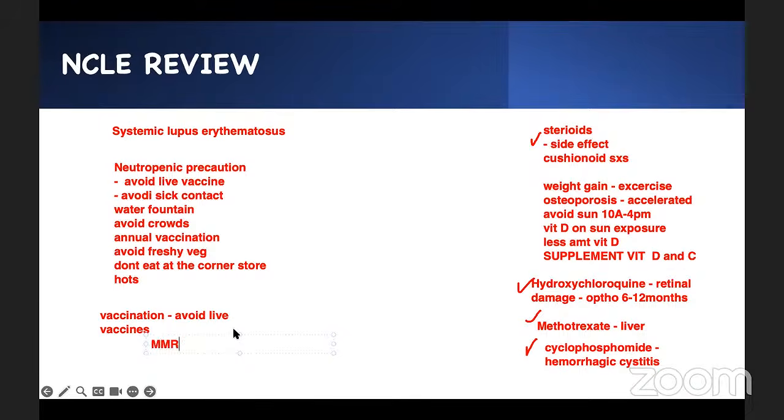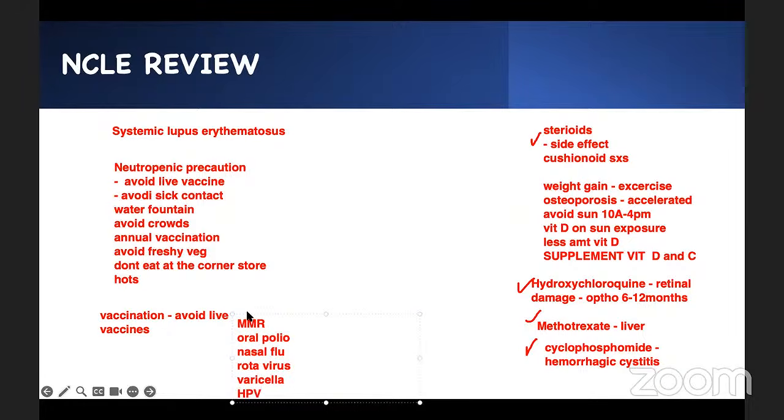MMR, right? What else? Polio. Nasal flu vaccine. Rotavirus. Varicella. Varicella is a live vaccine.